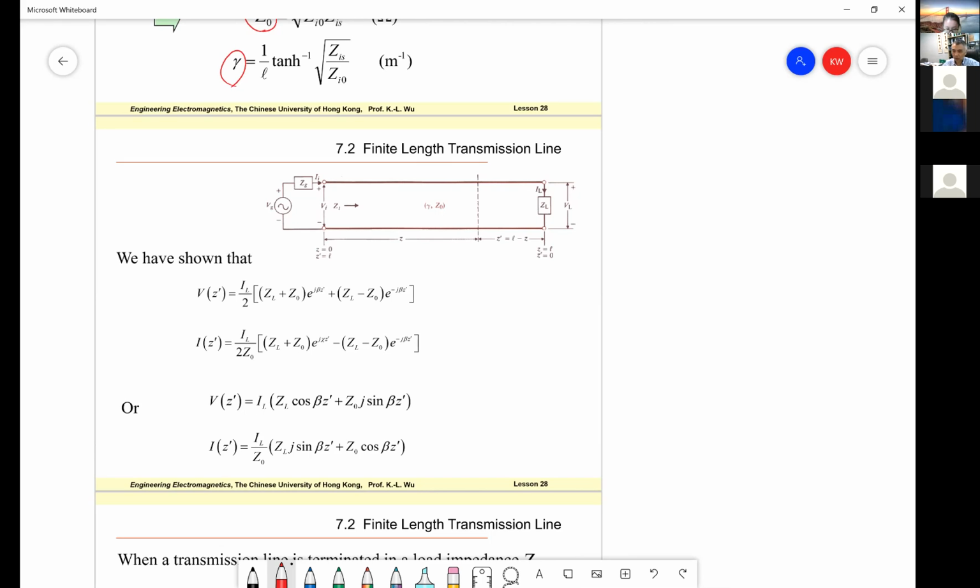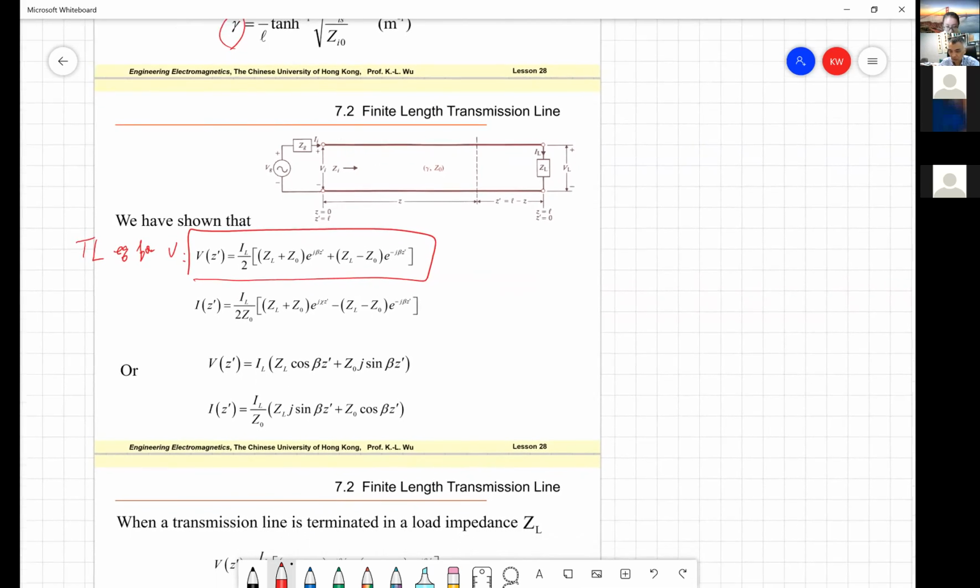So let's recall the transmission line equation for voltage, which is something I asked you to derive in the recess time. Let's take a close look at this.